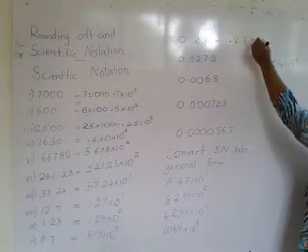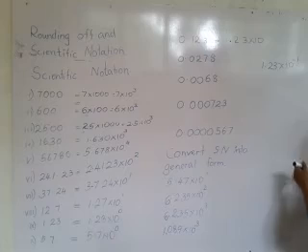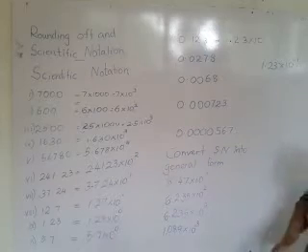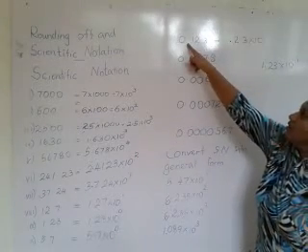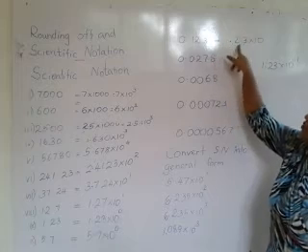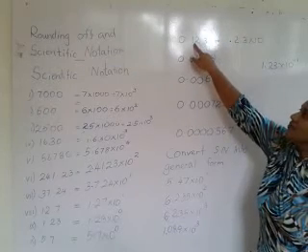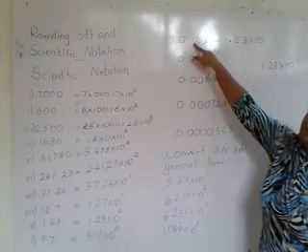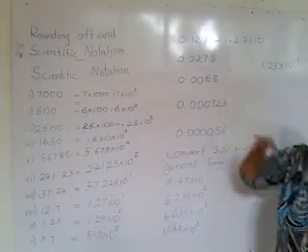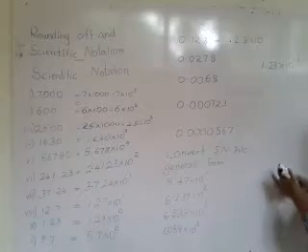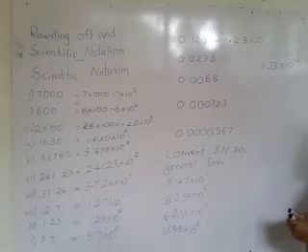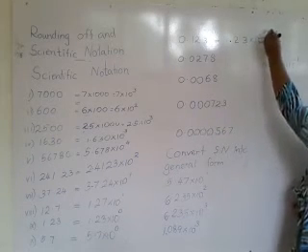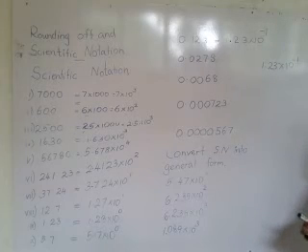Then we write 10 power of. Now the decimal has to move between 1 and 2. That means here we have to move the decimal one time, so it becomes negative, minus. How many times did the decimal move? One time. So 10 power of minus 1.